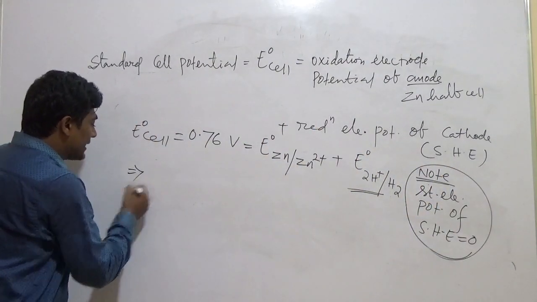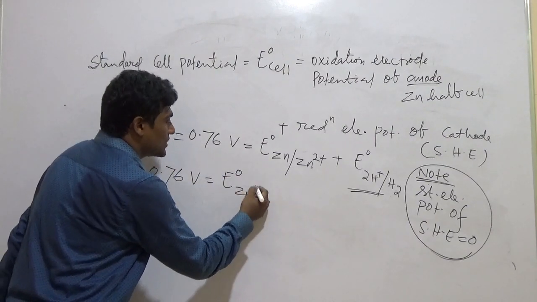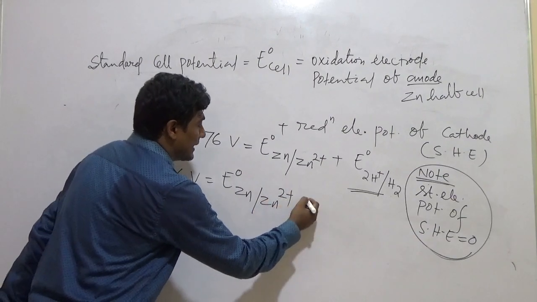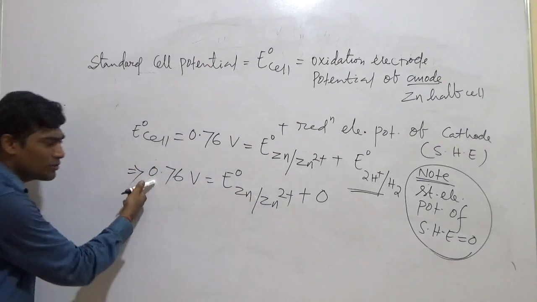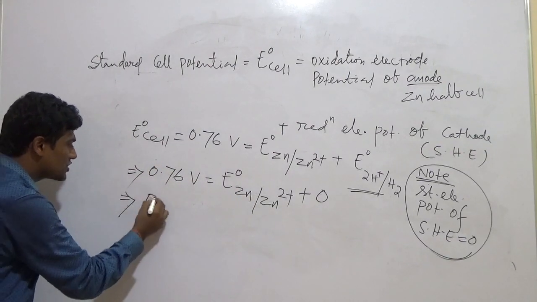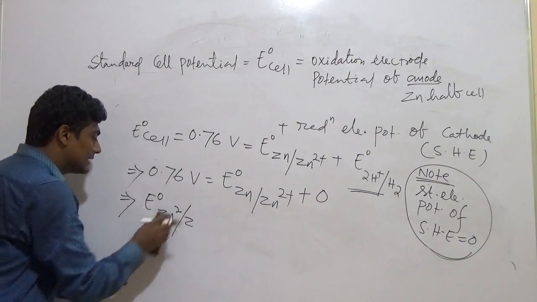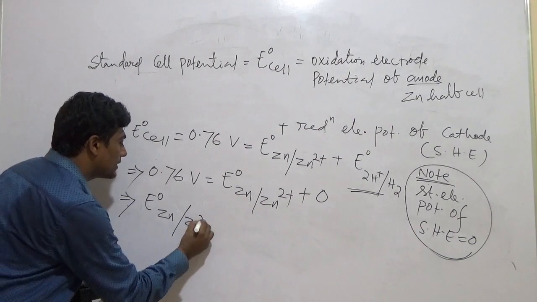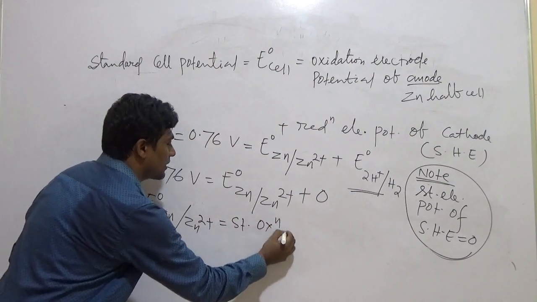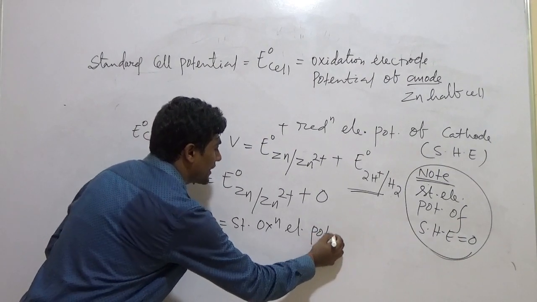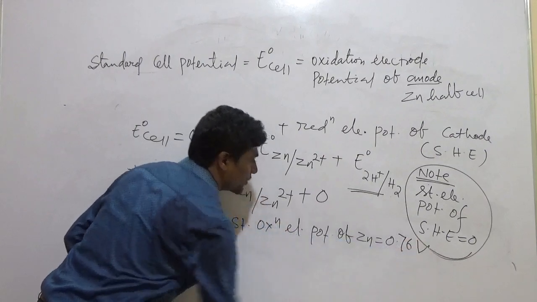This implies 0.76 volt is equal to E° Zn to Zn2+ plus 0. That means the standard oxidation electrode potential of zinc is equal to 0.76 volt.